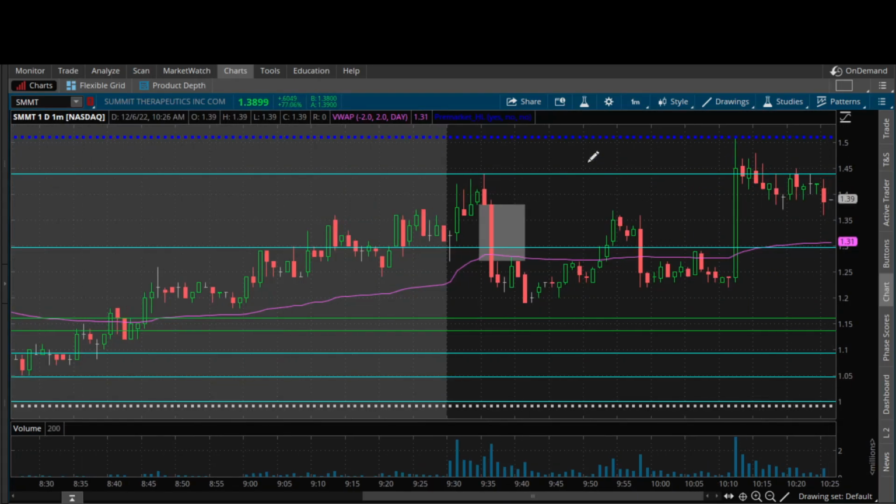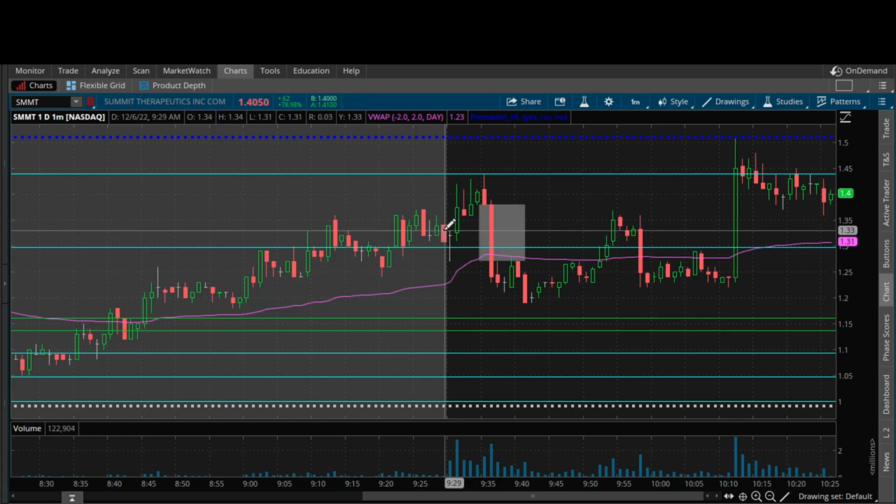All right, so here is a really good example. Remember what I was just saying: support is an area on a chart where price failed to move lower in the past. So let's take the open right here on SMMT. This is the data of 12/6/2022.